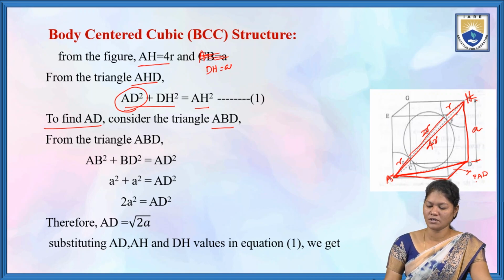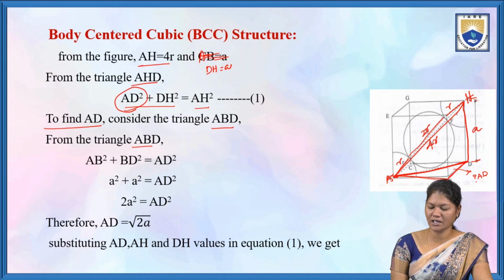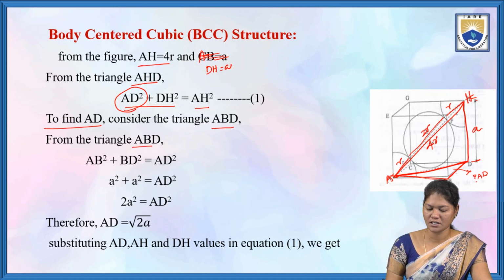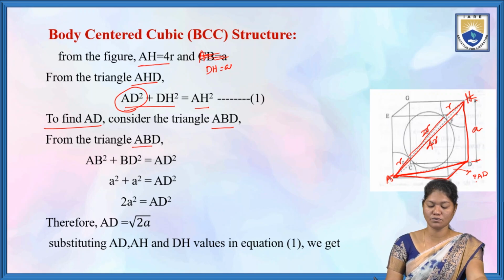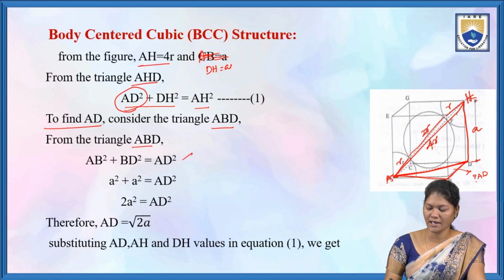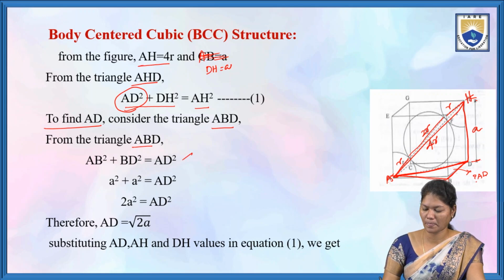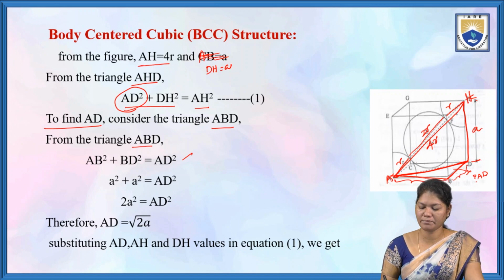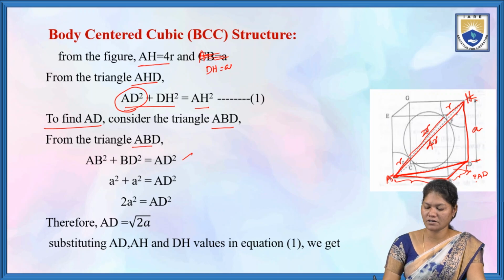Okay. So from this ABD, AB square plus BD square is equal to AD square.